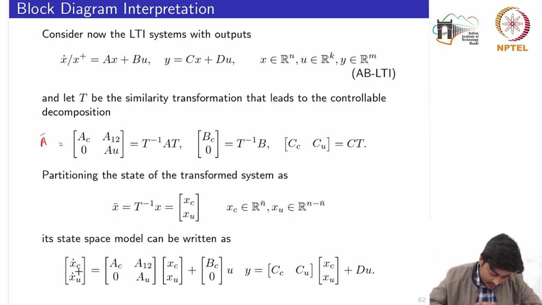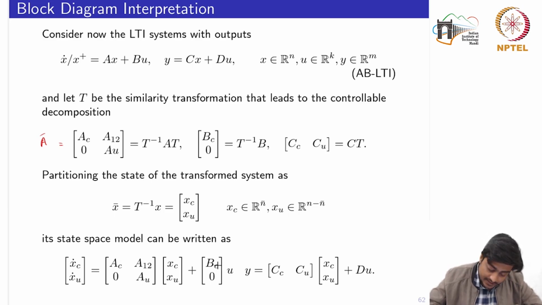Okay, so we have x dot c, x dot u. This we have seen already. Again, I would like you to pay attention here that x dot c is being influenced by both the controllable and the uncontrollable states because of these two, say for example, non-zero elements.